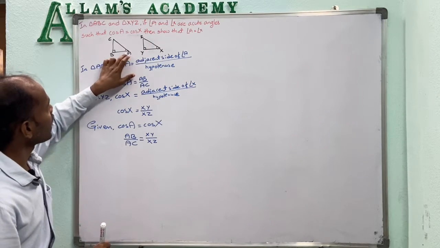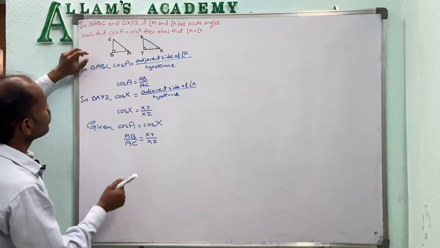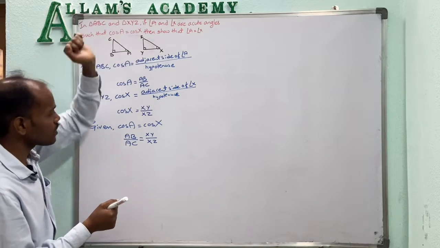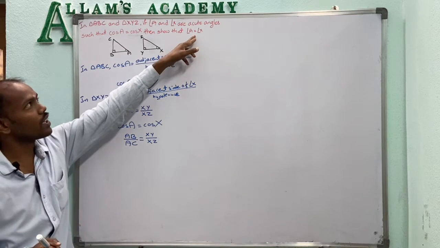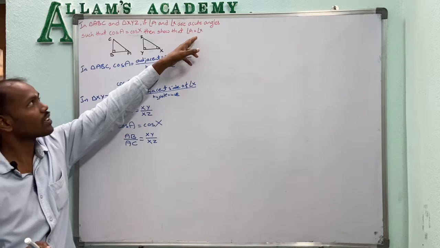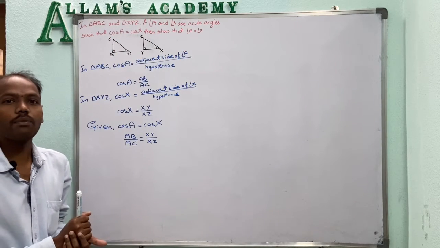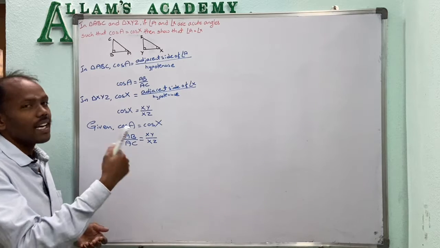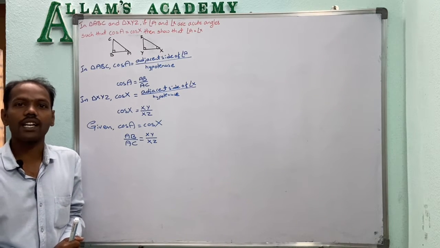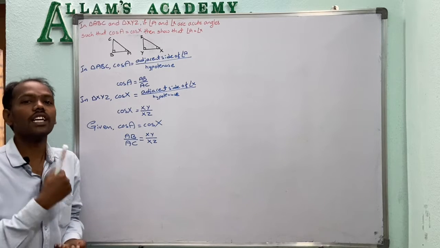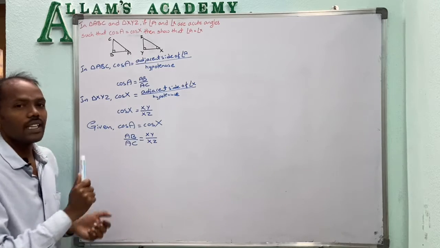So now in triangle ABC and XYZ, if we observe, there are two sides' ratios equal, given. So we have to show angle A equal to angle X. If two triangles are similar, then their corresponding sides' ratios are equal and corresponding angles are equal. So here the corresponding sides' ratio is equal.